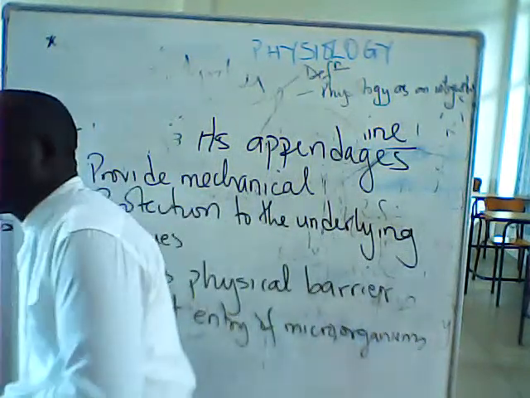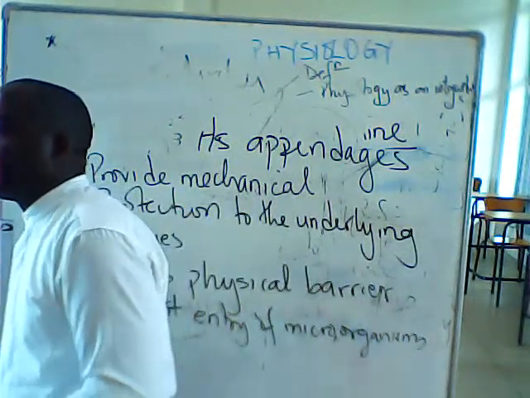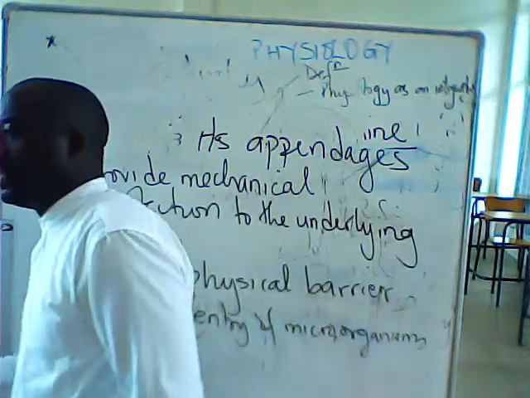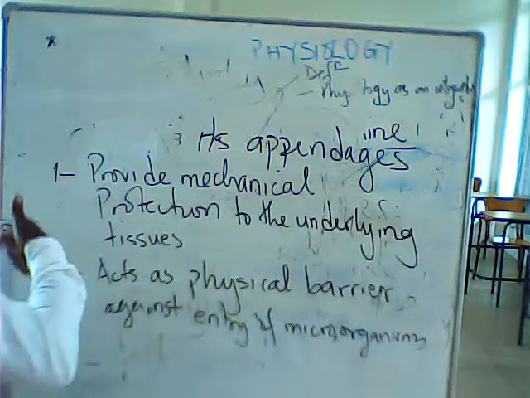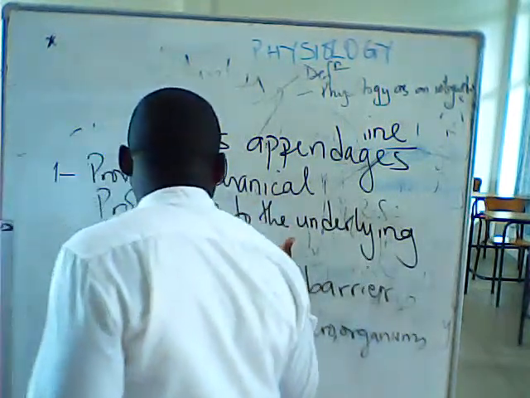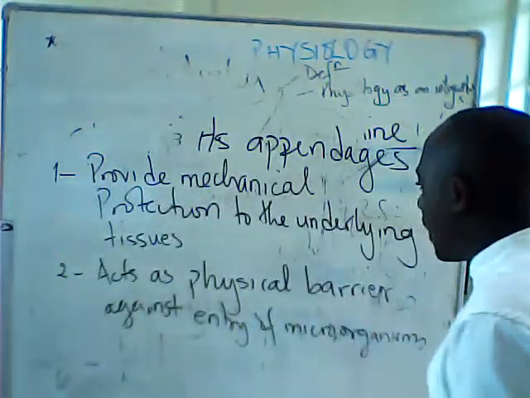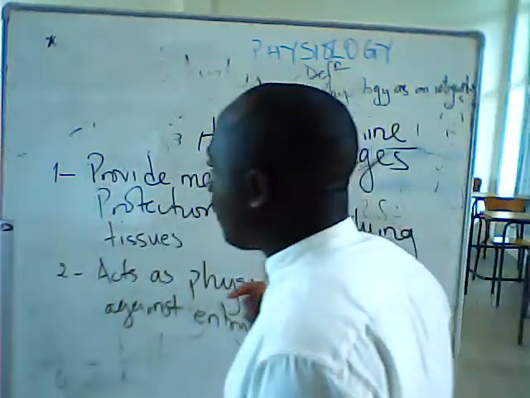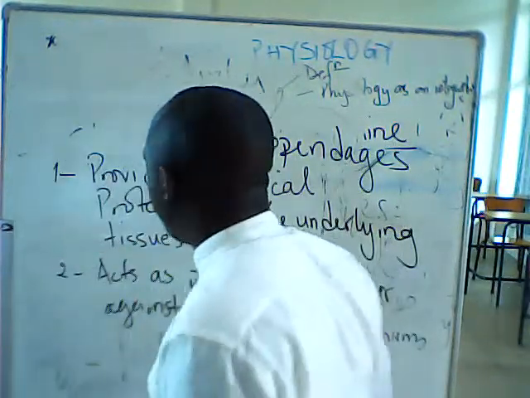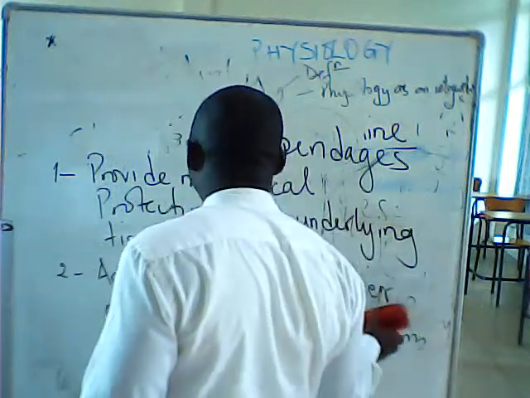Does that make sense? Beautiful. Richard says the skin encloses and protects internal body parts. That's beautiful. So the first function is to provide mechanical protection to the underlying tissues. The second function is to act as a physical barrier against the entry of microorganisms.